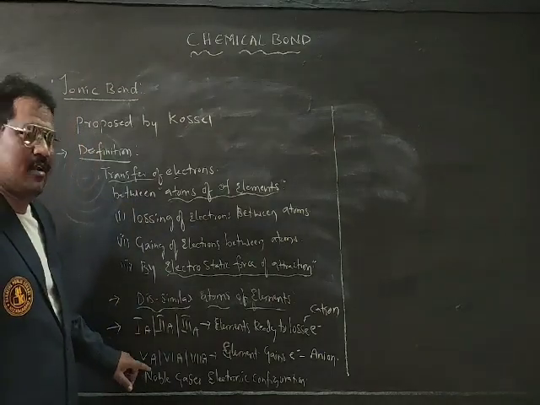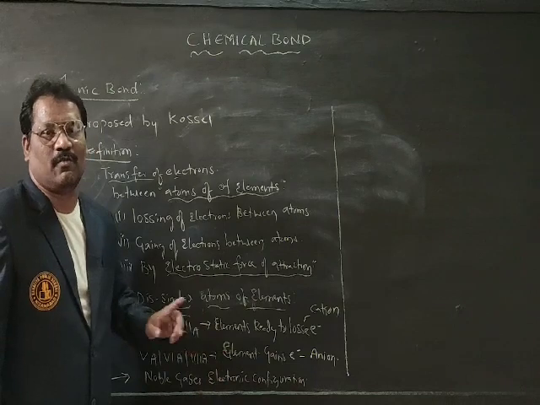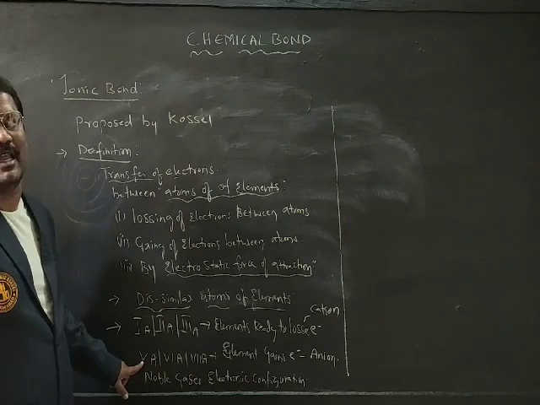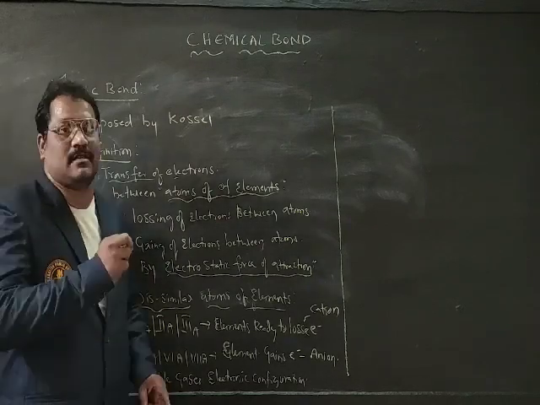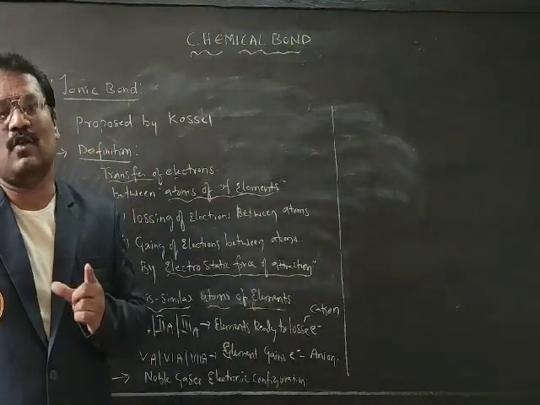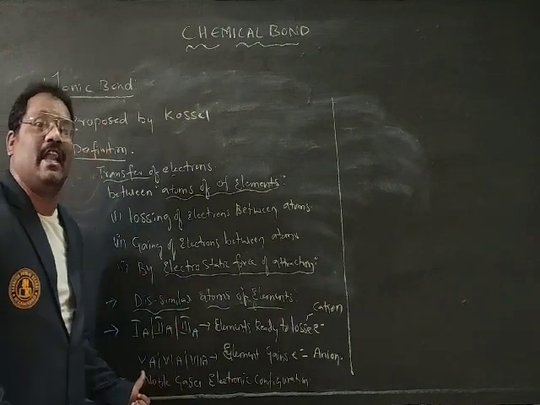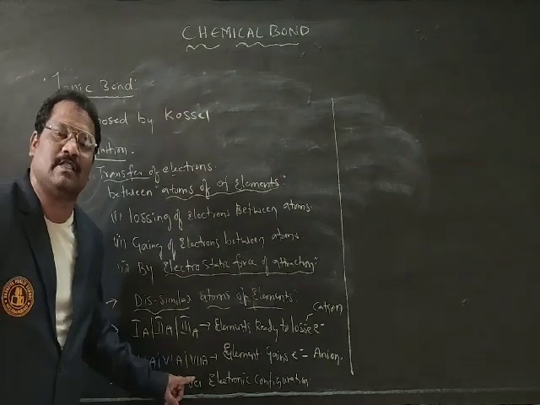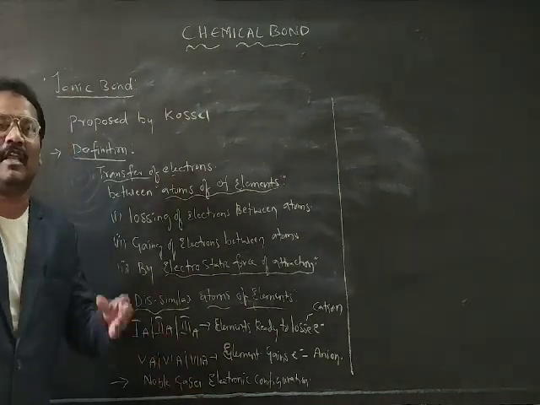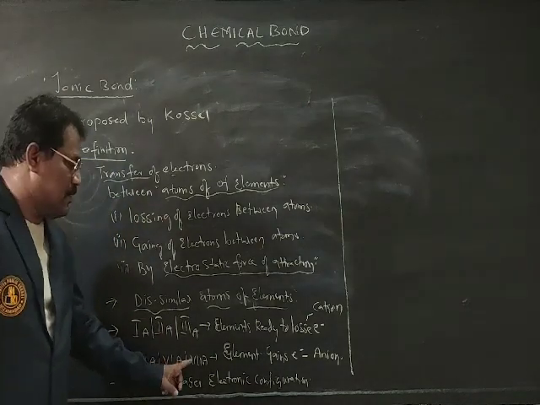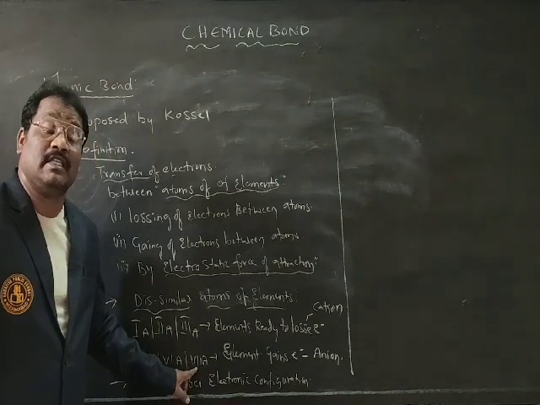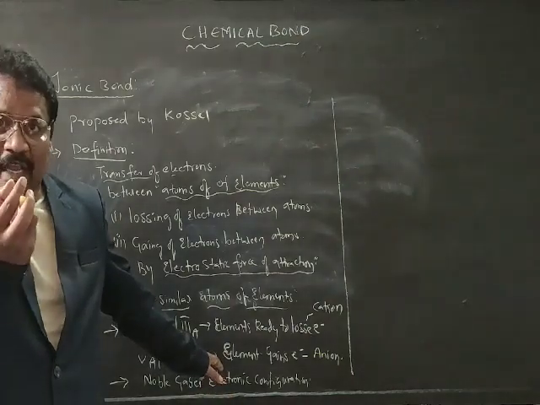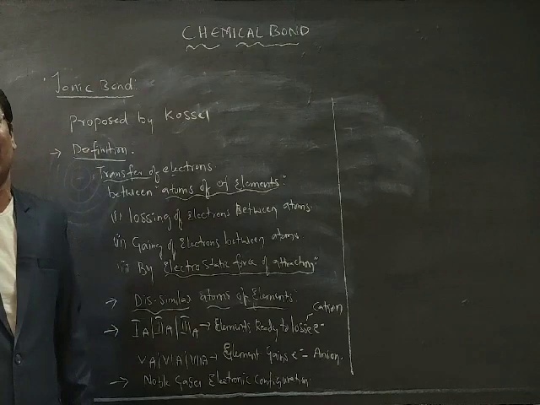They are 5th A group, 6th A group, and 7th A group elements. 5th A group elements require 3 more electrons to attain stability, as they have 3 electrons less in the valency shell. 6th A group elements have 2 electrons less in the valency shell, so to attain stability they require 2 electrons. 7th A group elements have 1 electron less in the valency shell, so they want to gain that electron to attain stability.